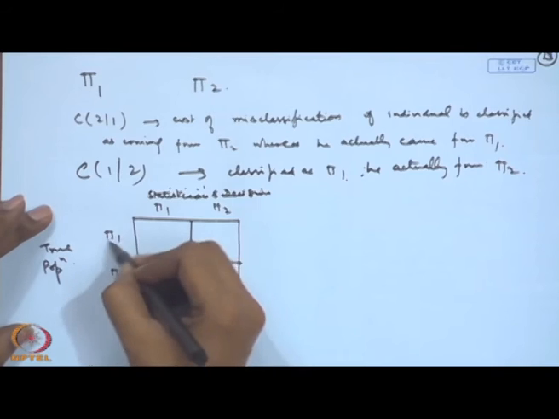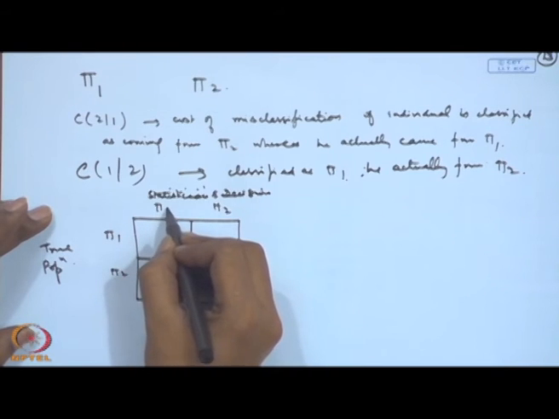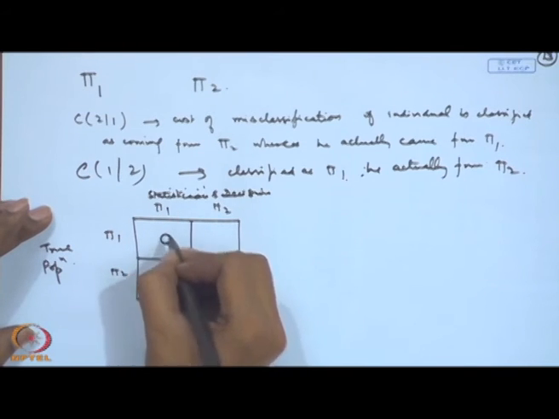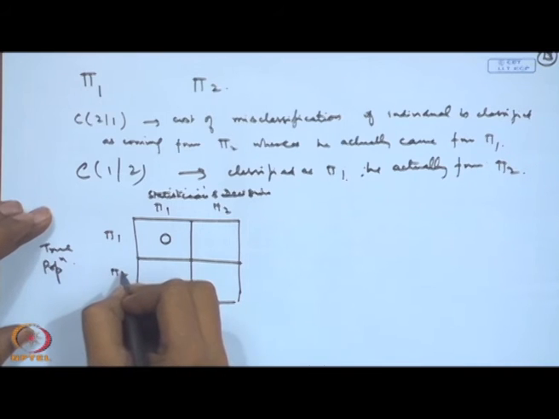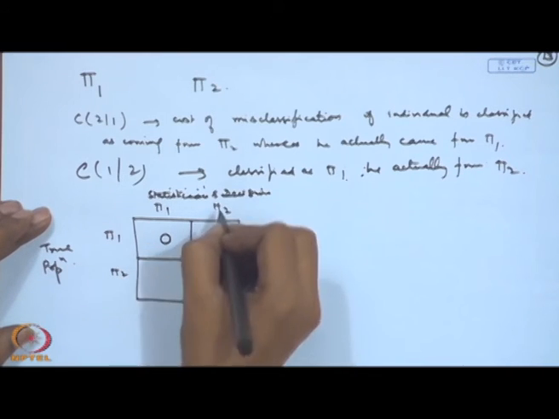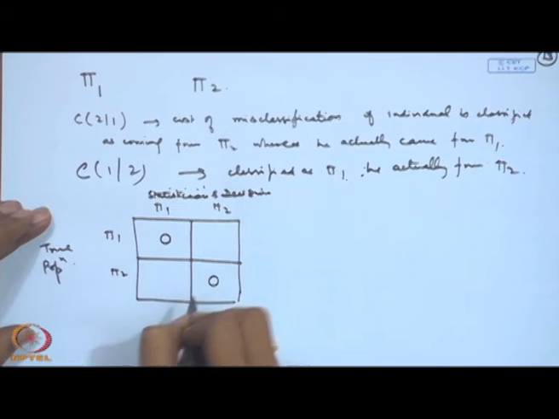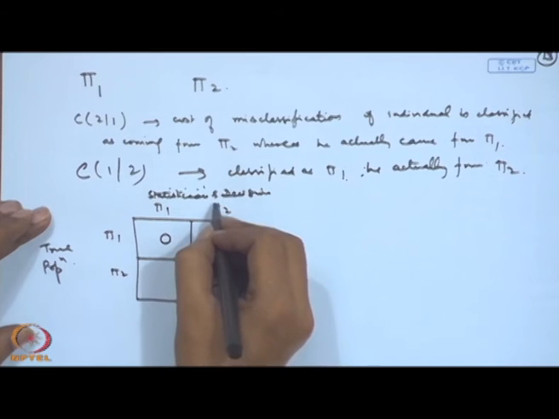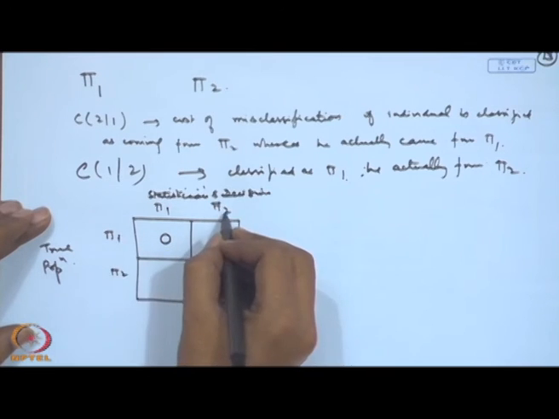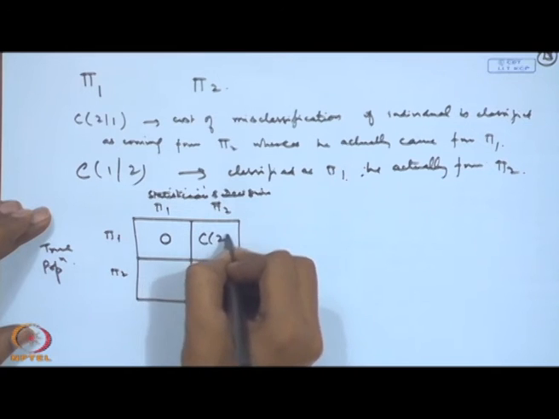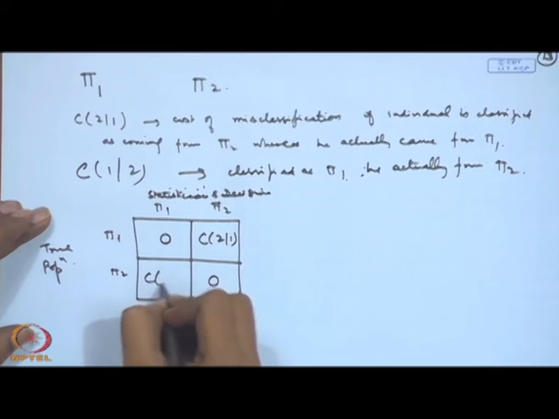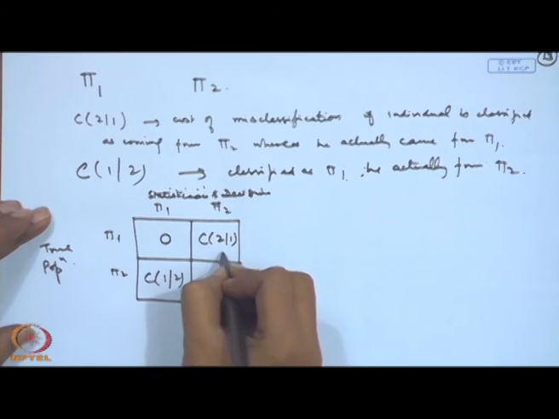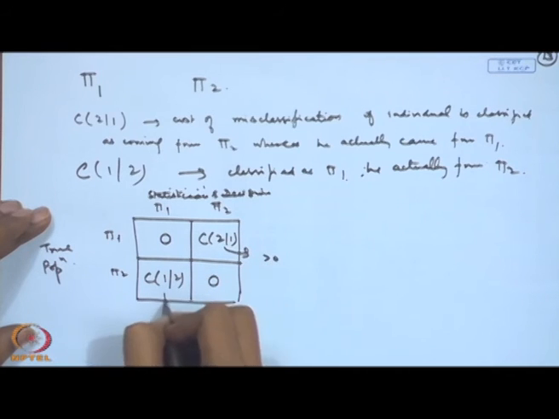So, if the true population is pi 1 and we classify it as pi 1, then there is a 0 cost. Similarly, if the true population is pi 2 and we classify as pi 2, then also it is 0. If the true population is pi 1 and we classify it as pi 2, then the cost is C 2 1, and similarly here the cost is C 1 2. These two terms are taken to be positive in general.